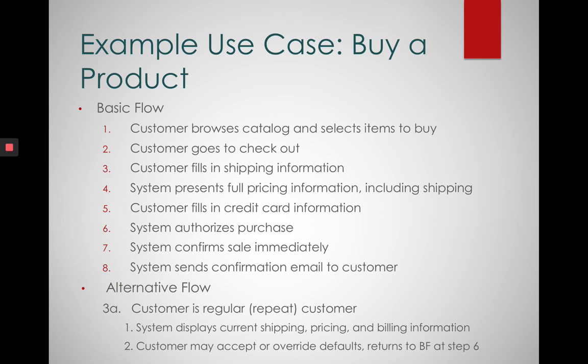So let's now look at an example use case. This is pretty much the one I was using as an example earlier, buy a product, for some kind of e-commerce system like Amazon or something similar. So we have a basic flow, and this is what I described before, where the customer browses the catalog, selects their items, fills in information, and then the system responds.